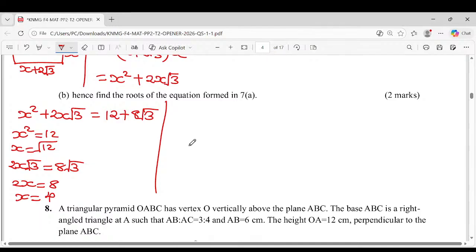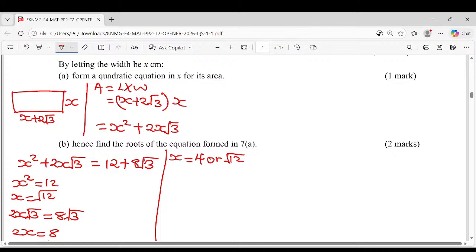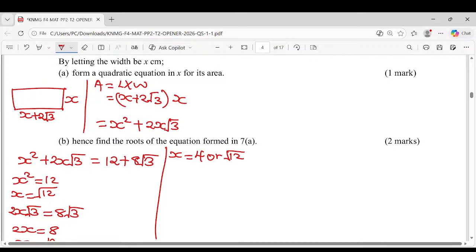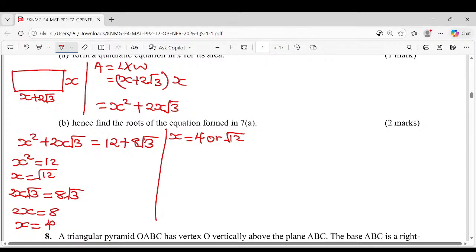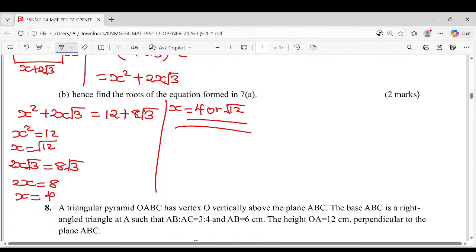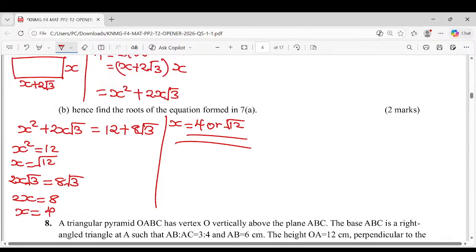We are looking at it in this dimension. Hence find the roots. This means that x can be equal to 4 or root 12. Yes, like that. Let us go to the next question.